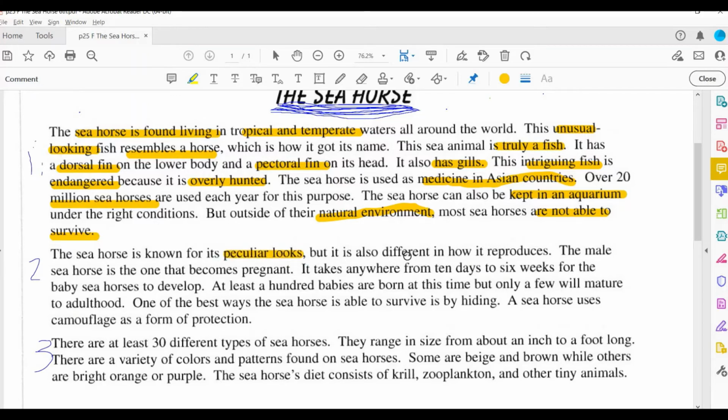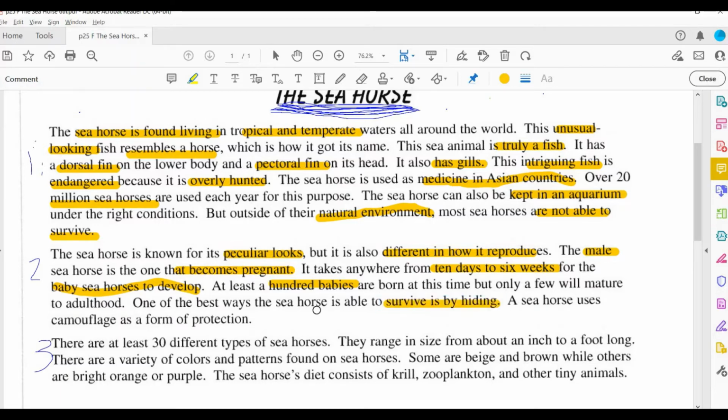Peculiar looks, different in how it reproduces, male that becomes pregnant, 10 days to 6 weeks, baby seahorses develop, 100 babies. I think it says something about the guys are the ones that have the babies.